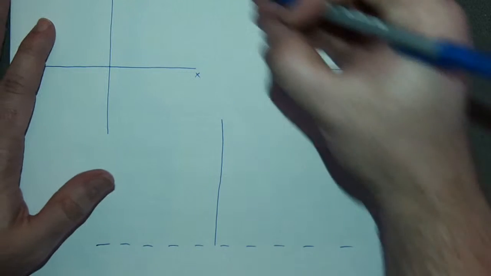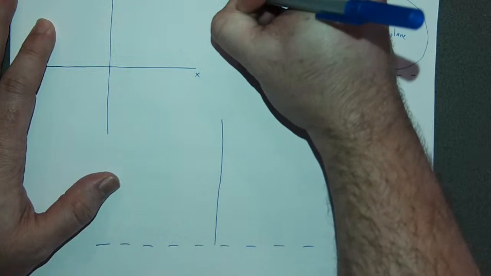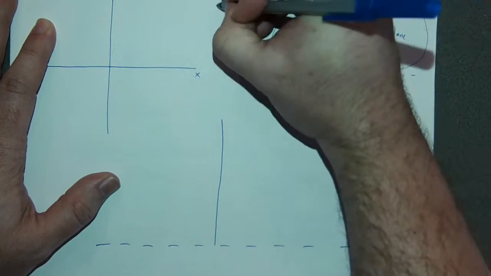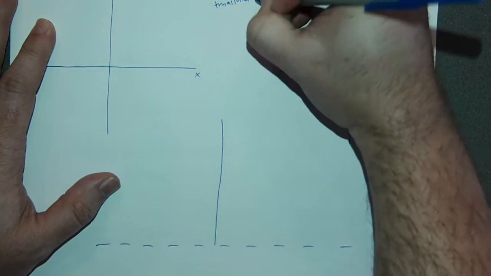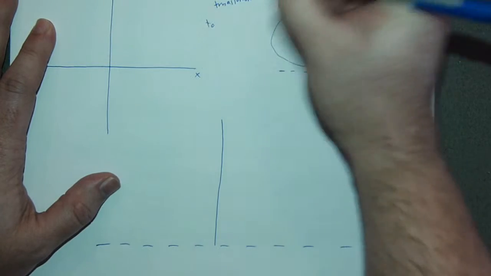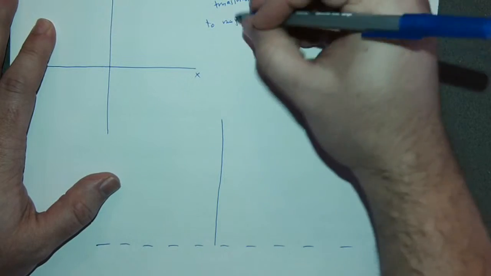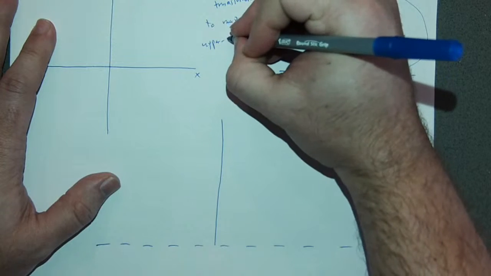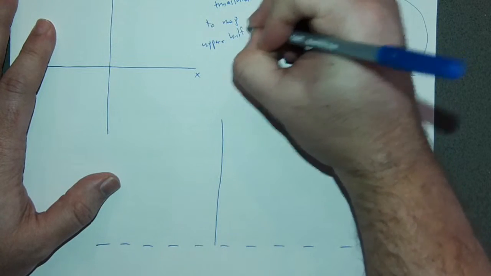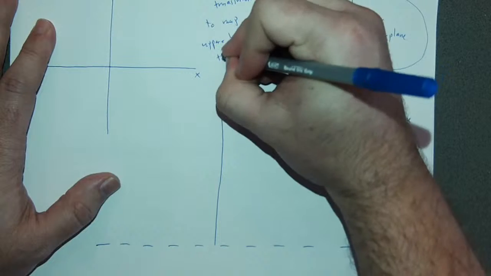And the main thing is we want our transformations to map upper half plane to upper half plane.